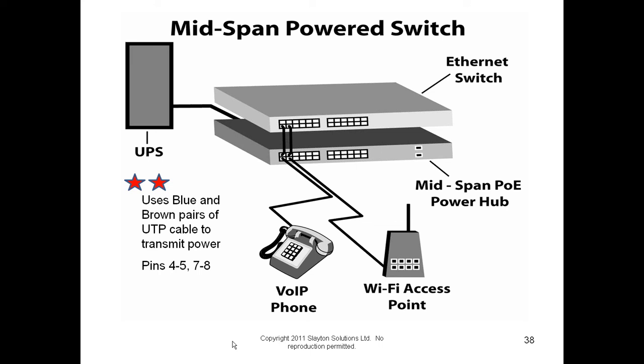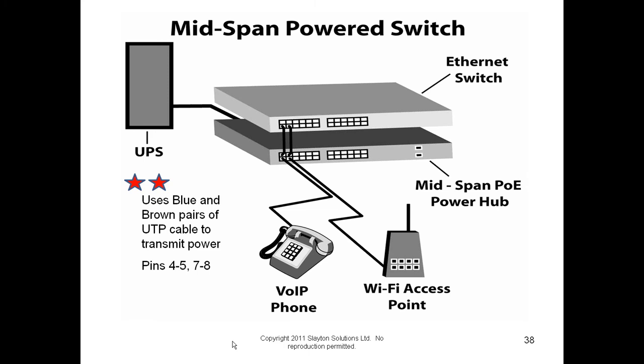The PoE-enabled field device, the camera, the Wi-Fi access point, the VoIP phone, if it's built to the standards, and they all are, then it doesn't care if the power comes on the blue and brown pairs or if it comes on the orange and green pairs. It doesn't care. It'll take it. This is one of the real beautiful things about PoE, that you don't have to flip any dip switches or do any programming in the device to make it accept the PoE power properly. You plug it in and it works.